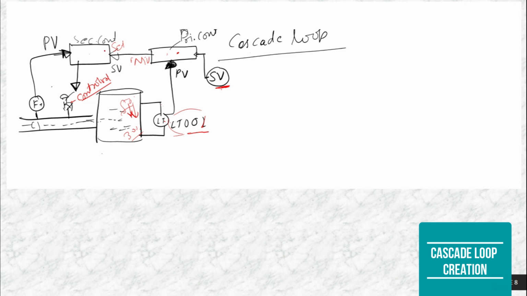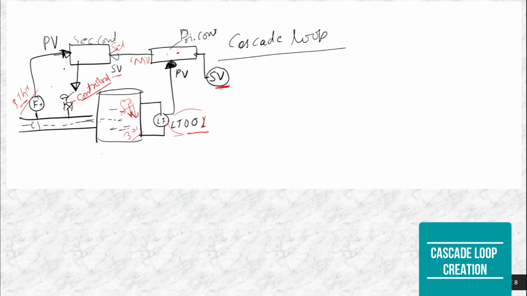Set point for this. And for flow, we are getting the flow process value, suppose 5 ton per hour. We are getting the set value from here, and the 5 ton per hour process value here. If we want to maintain 50%, we have to increase the flow.